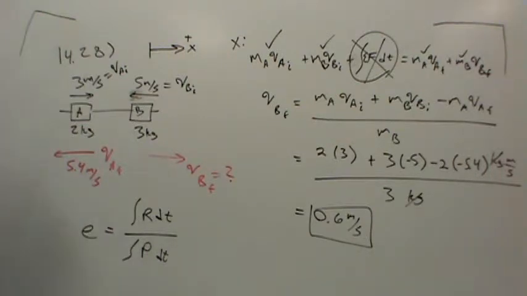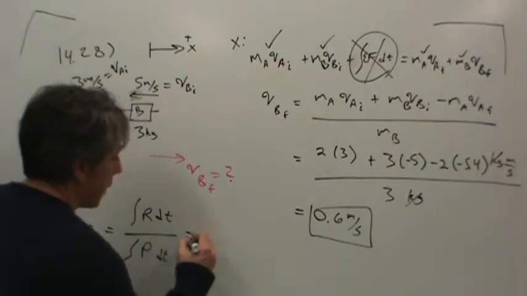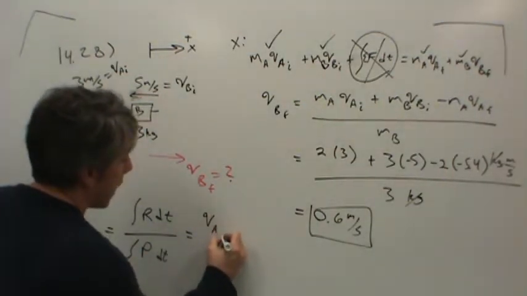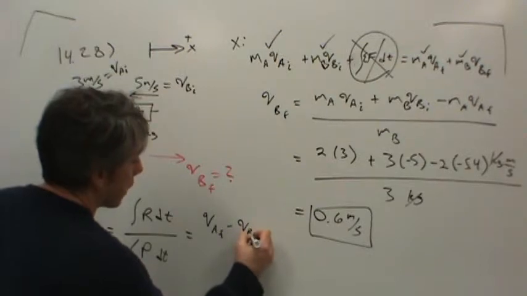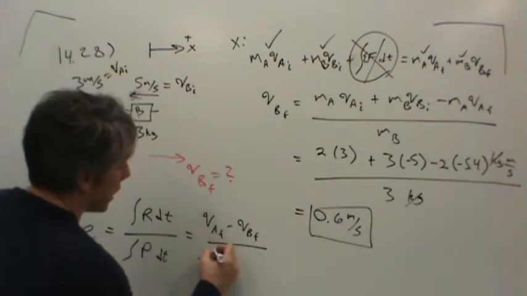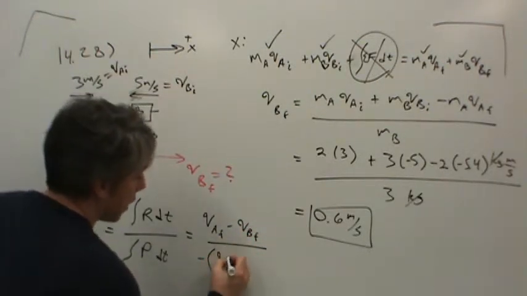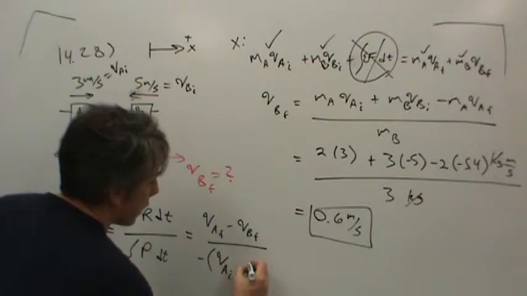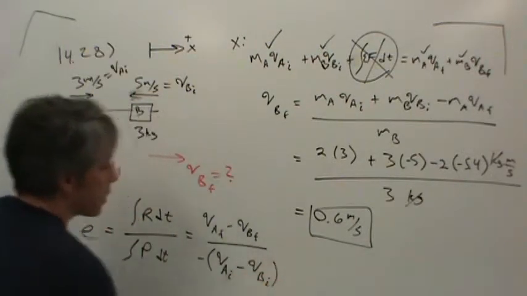But your authors showed that you can also write this another way. You could write the coefficient of restitution just as well by saying it is the ratio of the final relative velocity to the negative of the initial relative velocity.